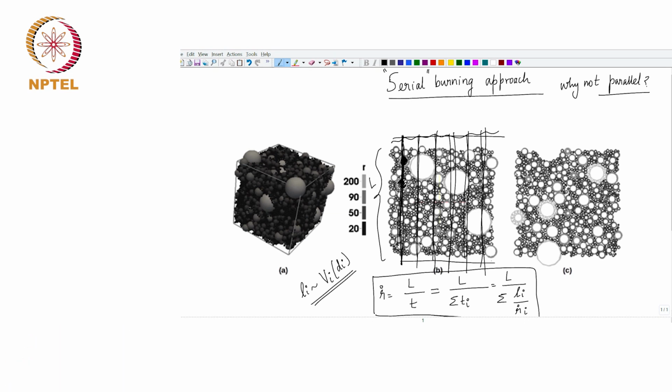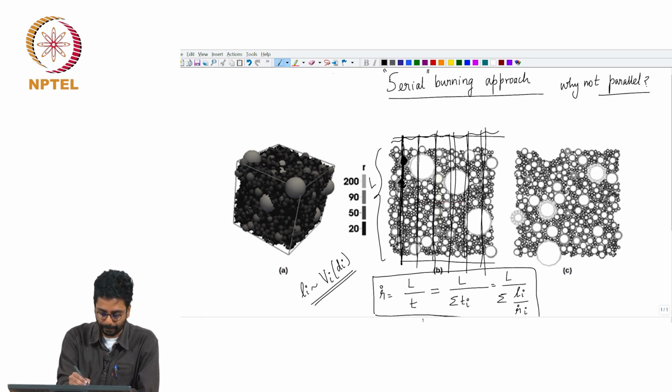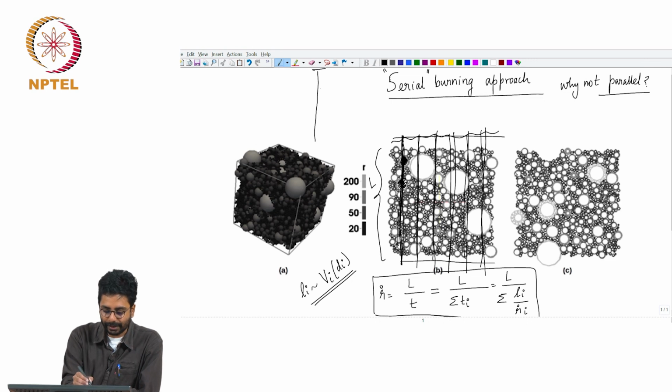For example, 20% of the line could be occupied by particles of size 200 microns. Let us say, I think just for clarity I will give one example. Let us say we have such an average line. It is possible that 1/4 of the line is occupied by particles of size 200 microns. Let us say another 1/4 is occupied by particles of size 100 microns.